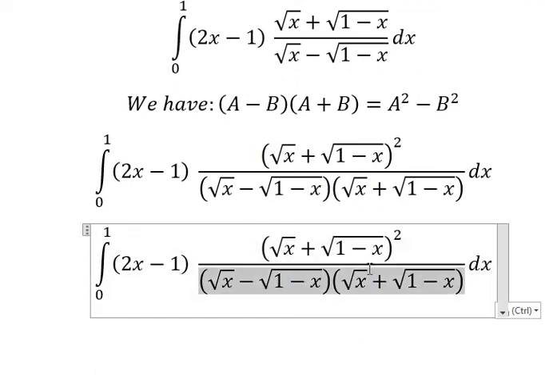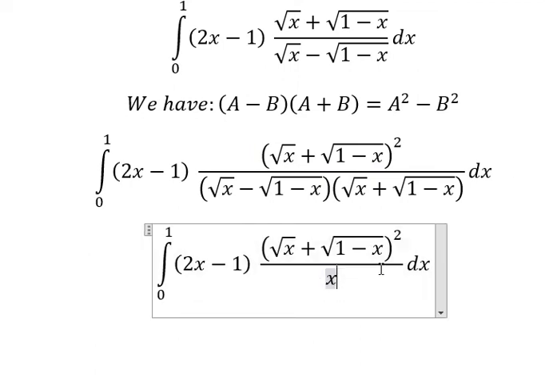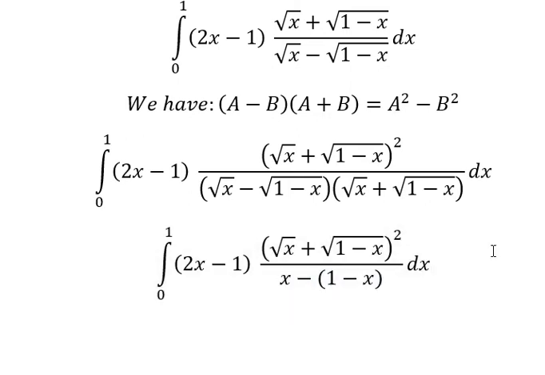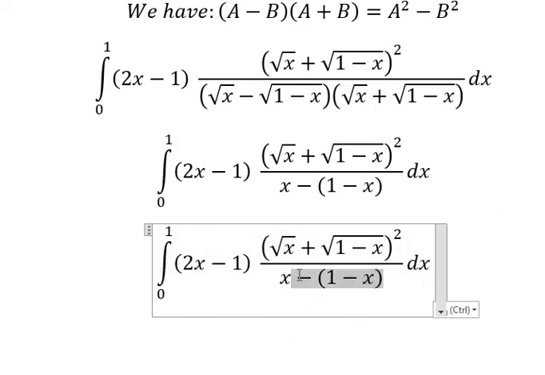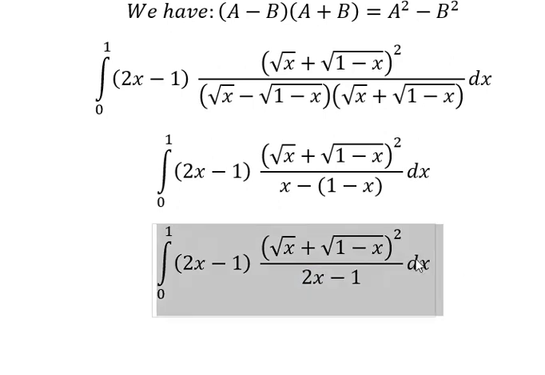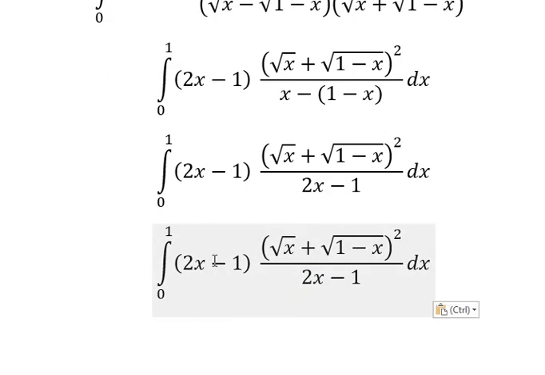So this one we have like this. And we have 2x minus number 1. And now we simplify this one.